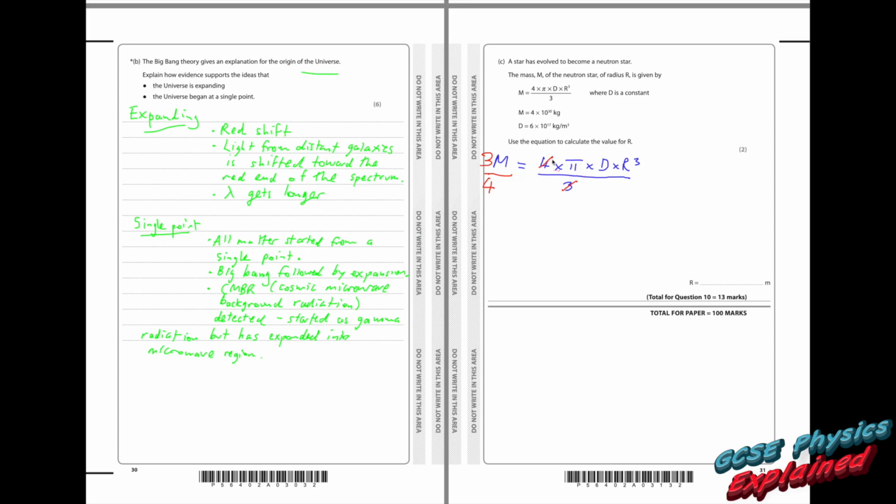And the pi comes across and then moves down. And the d also moves across and then needs to move down. So I rewrite that so it's neat. And then we'll pop the numbers in.